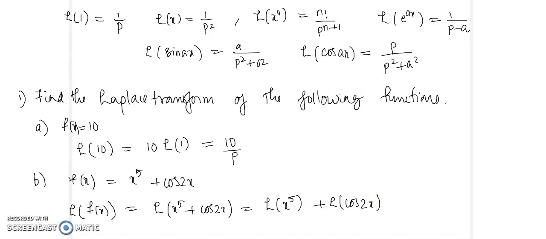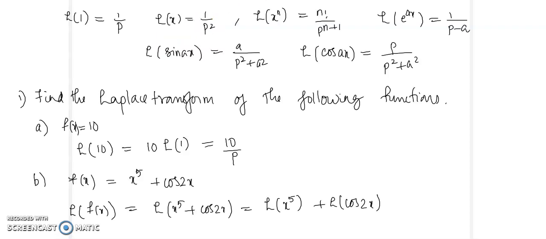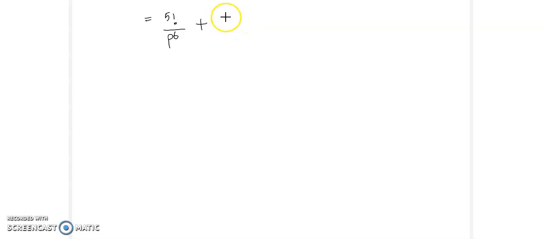L of x raised to 5 is 5 factorial by p raised to 6. And L of cos 2x will be p by p square plus 4, since a is equal to 2. So that is the required Laplace transform.